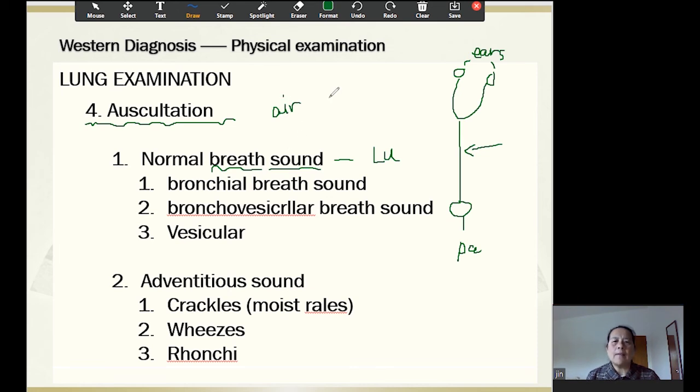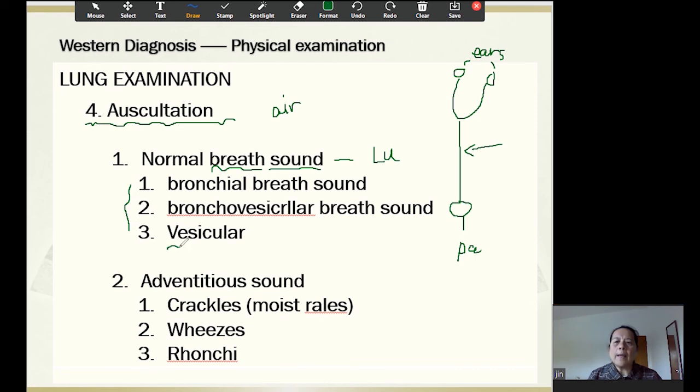Some parts are narrow, some parts are wider, and they come with different sounds, like wind going into a room through a window. It makes a special sound, a woo kind of sound. So it's a similar idea. Then we can separate the three normal sounds there.